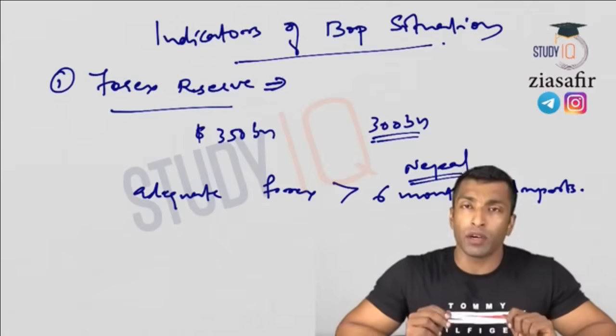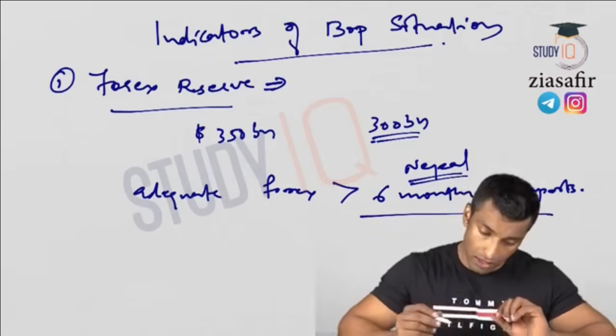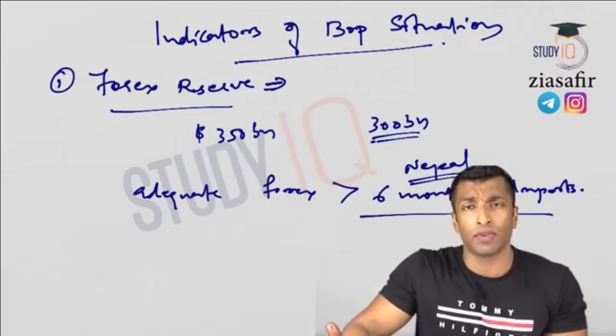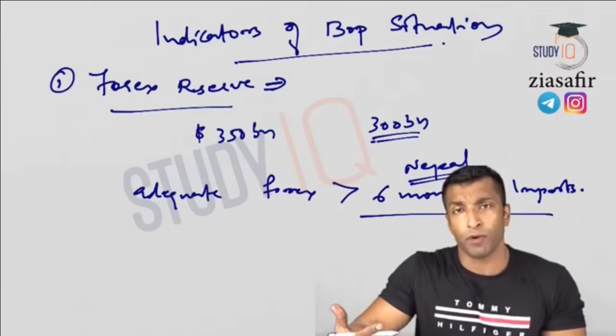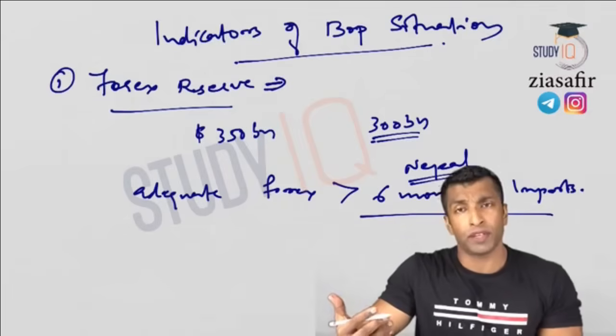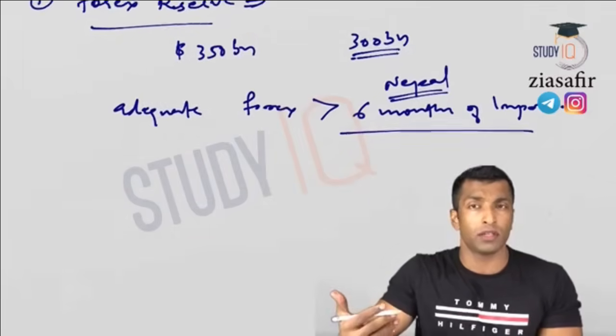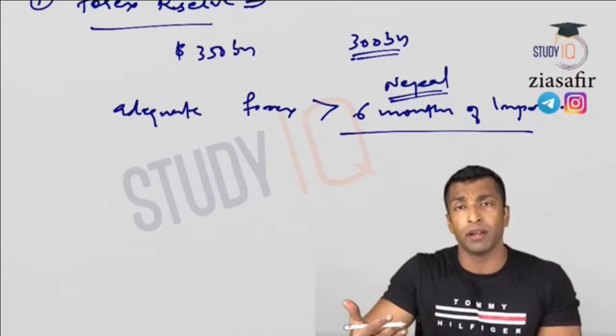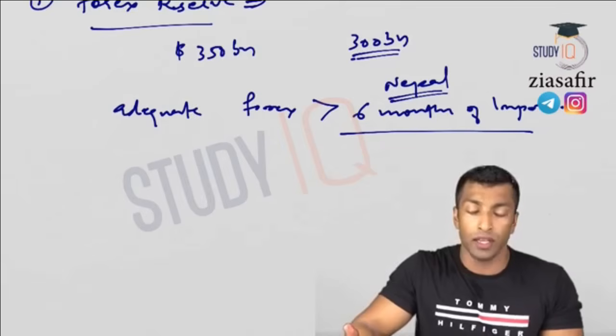So actually import cover is used to check the adequacy of Forex. The reason is the major outflow of Forex will be to pay the import bill. Okay, and I've told you, even if the country is larger, if there is no import, there is no need to have that much Forex. So everything is understood in terms of trade. The more the trade, the more Forex is required.